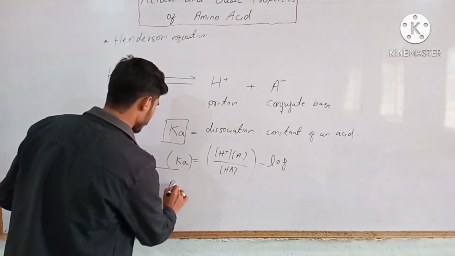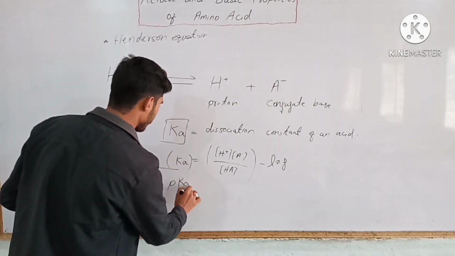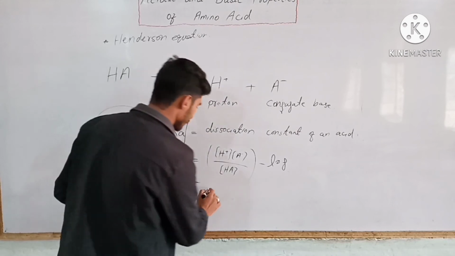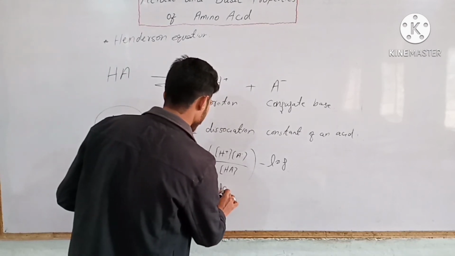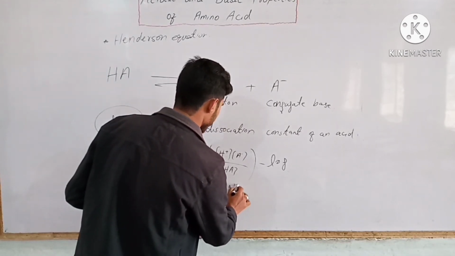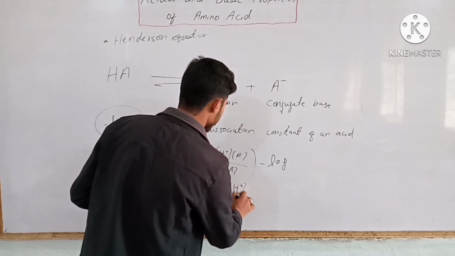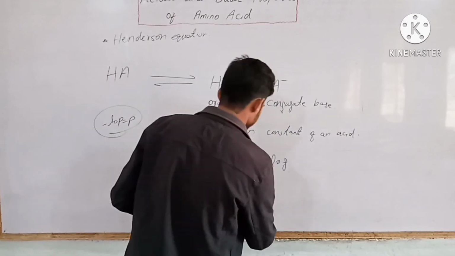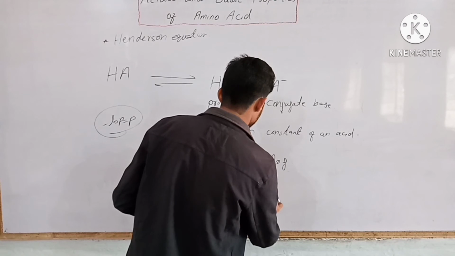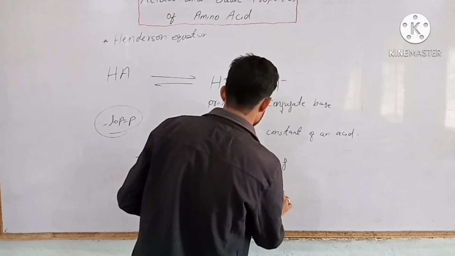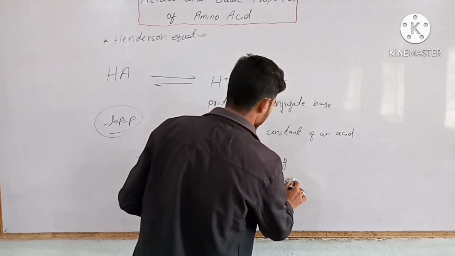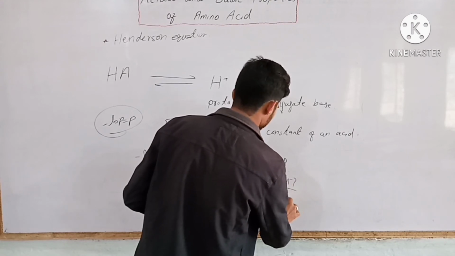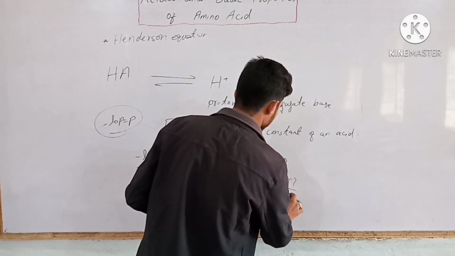This will be equal to pKa, and this is minus log H plus, and minus log A negative over HA.